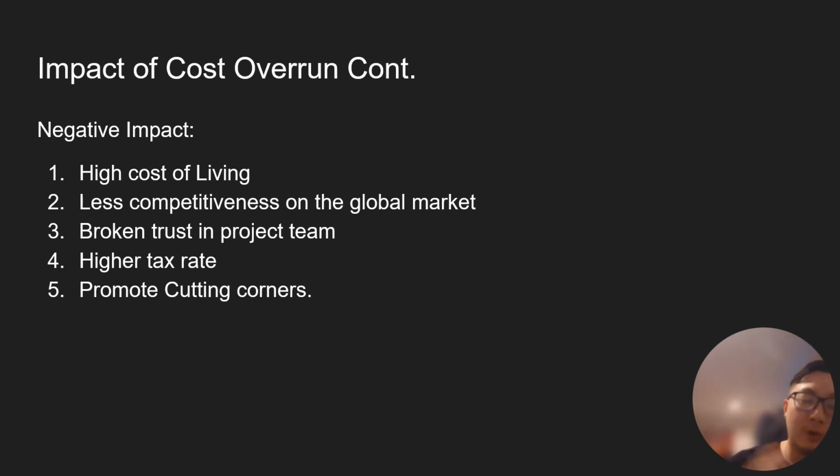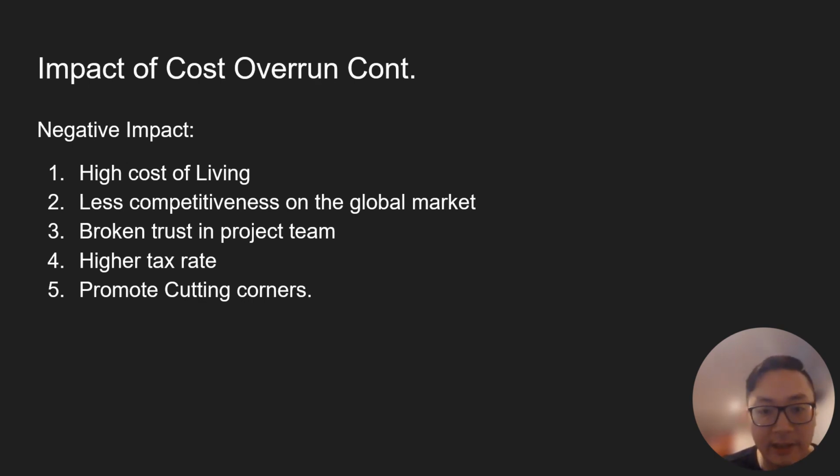Looking from a global perspective, an international company would be like, huh, the Canadian construction industry seems like they go over their budget quite a lot, and that is not a good thing because they're here to make money. They don't want any construction project to go over budget. They want a construction project that's efficient and with no delay. And because of that, we will look less attractive to other markets or other companies.